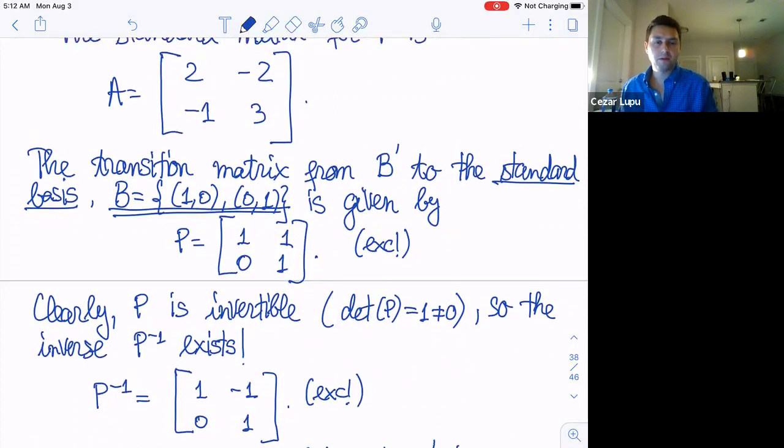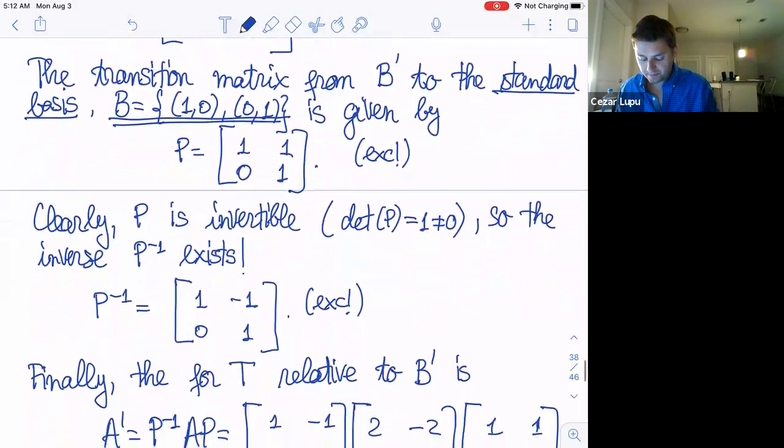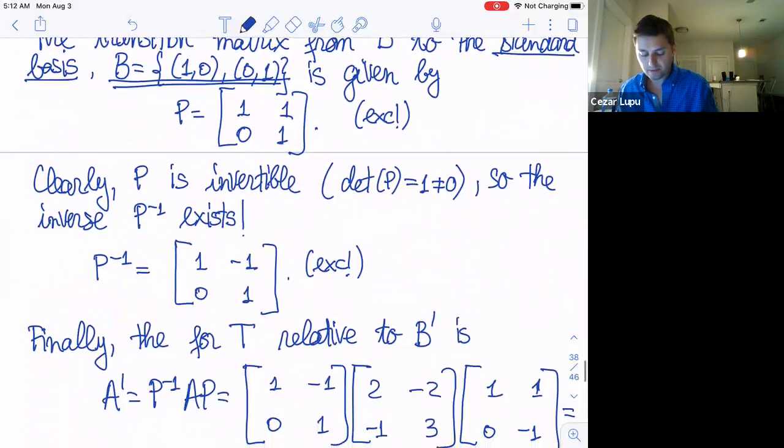Now, you can finish the problem. You can just write A prime.